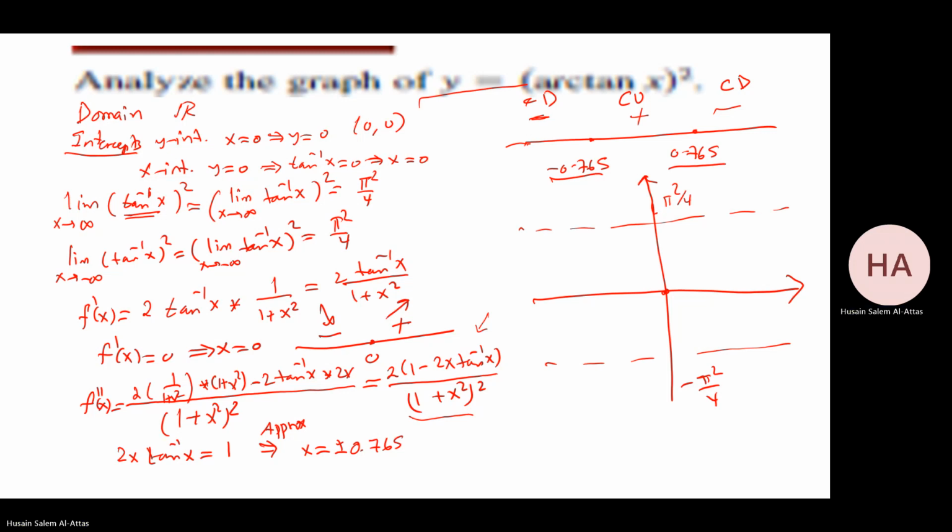Now, what will happen between minus infinity to 0? The function is decreasing, but it will be concave down until this value, minus 0.765. So it will do something like that, concave down until this value, then it will be concave up until this value. It will cross this.